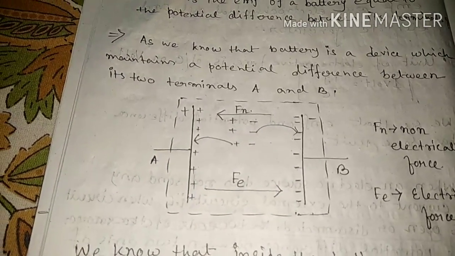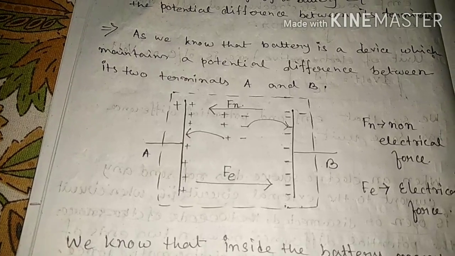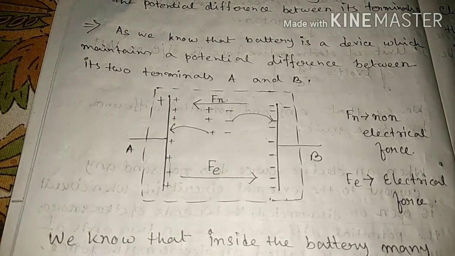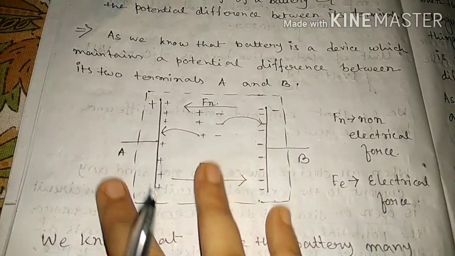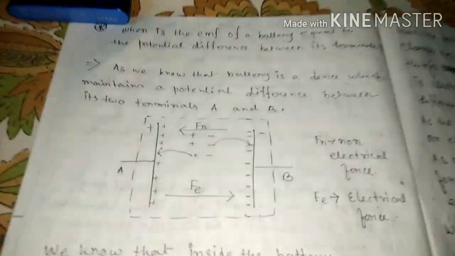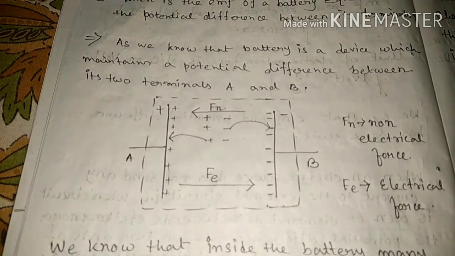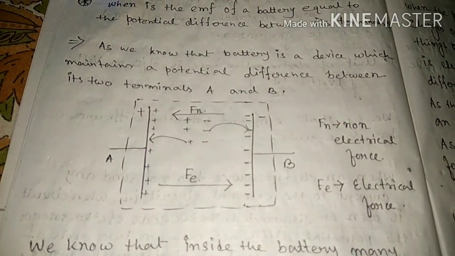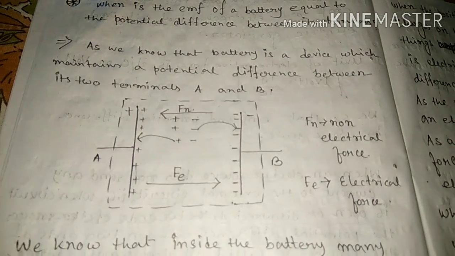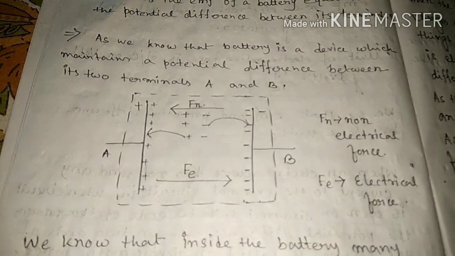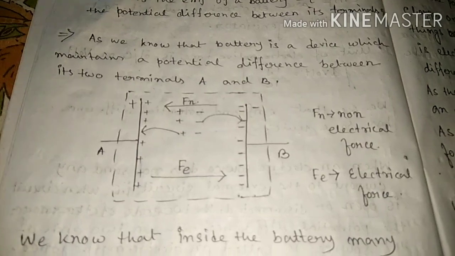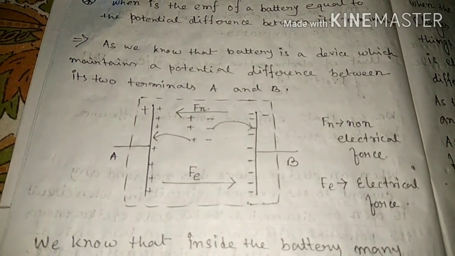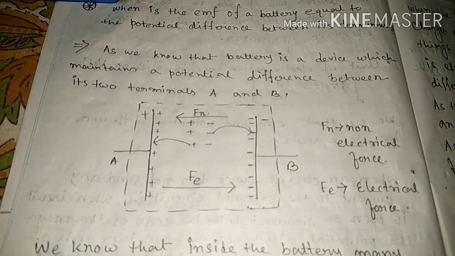We know that a battery is a device which maintains the potential difference between the two terminals A and B. In this figure, two terminals are there. The function of a battery is to maintain the potential difference. If no potential difference is there, then electric charges do not move, and if charges are not in motion, how would we get electric current? That's why the battery maintains the electric potential difference.